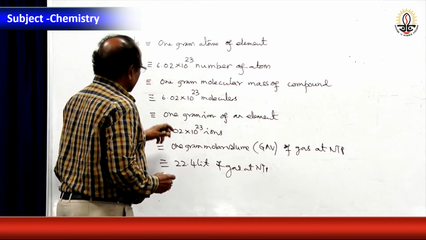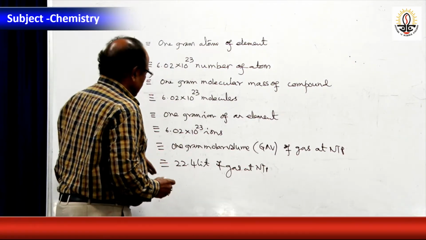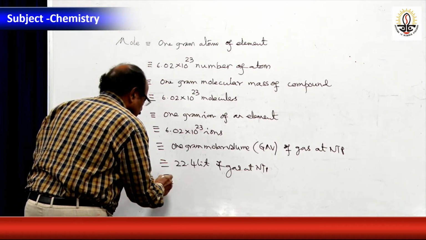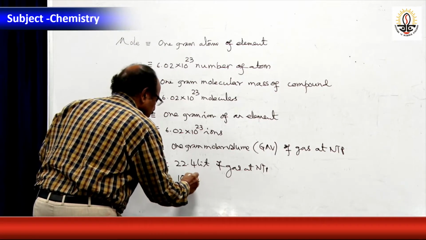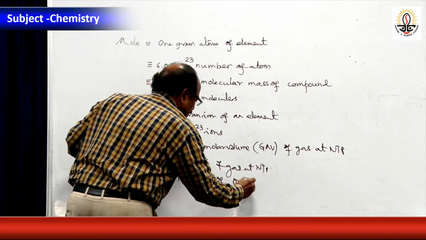Now, when we take this 1 gram molecular mass of the substance dissolved in 1000 cc, it is also equivalent to 1000 cc of 1 molar solution.